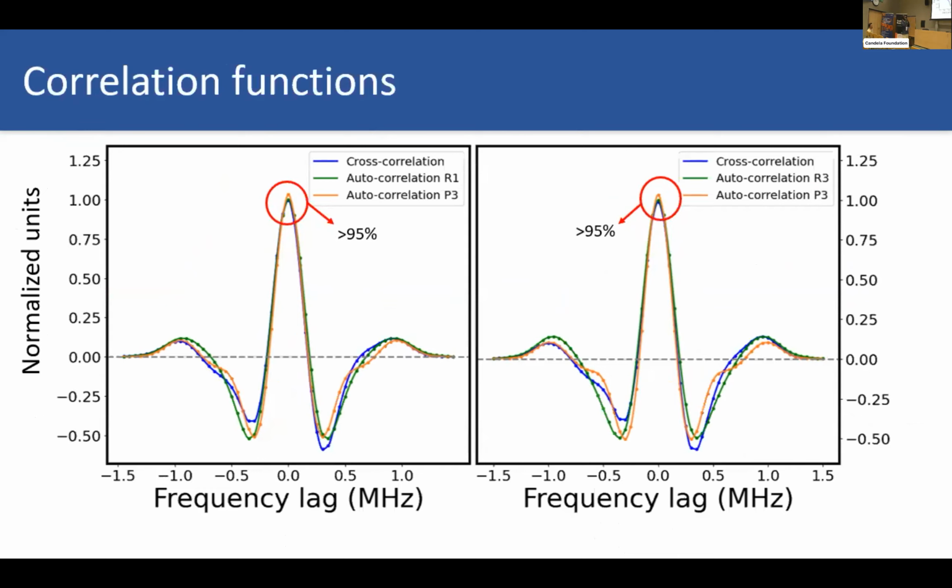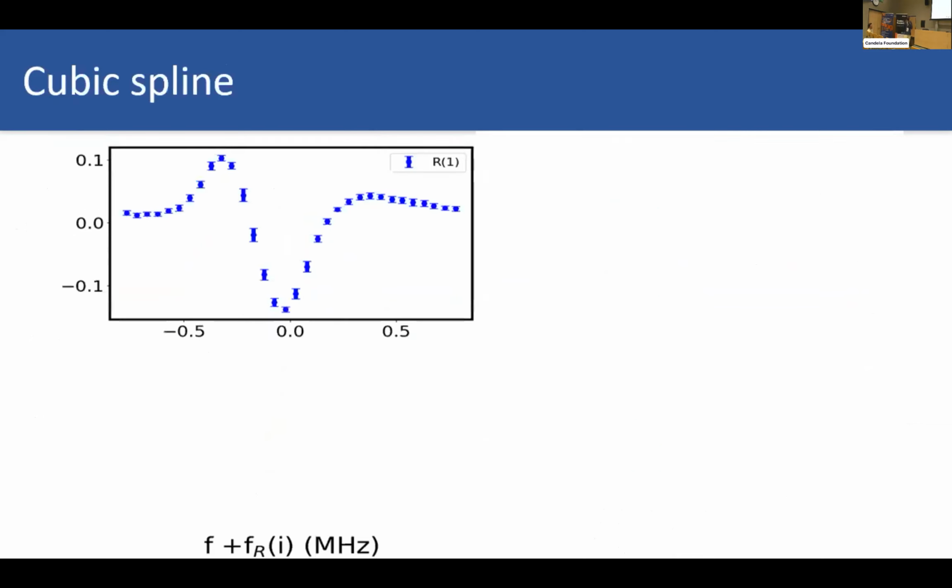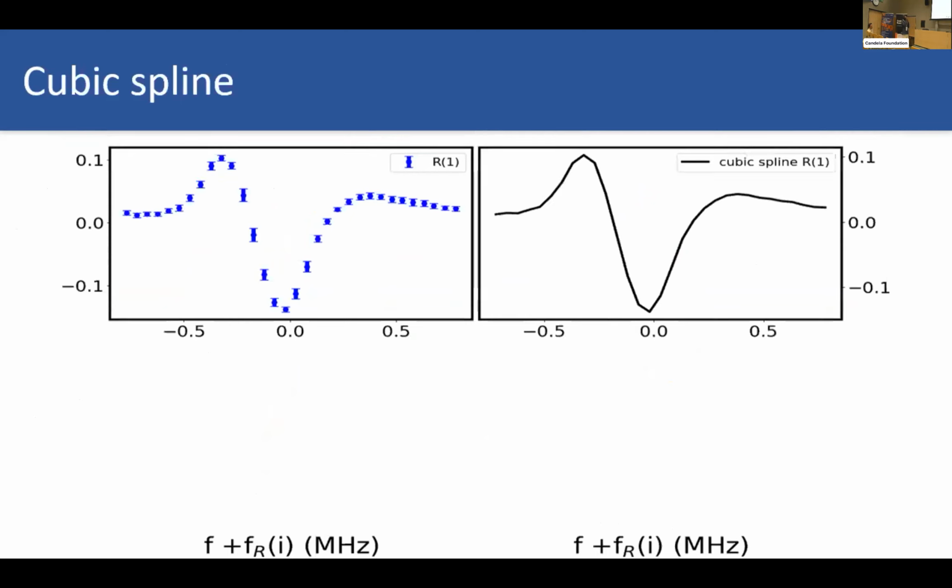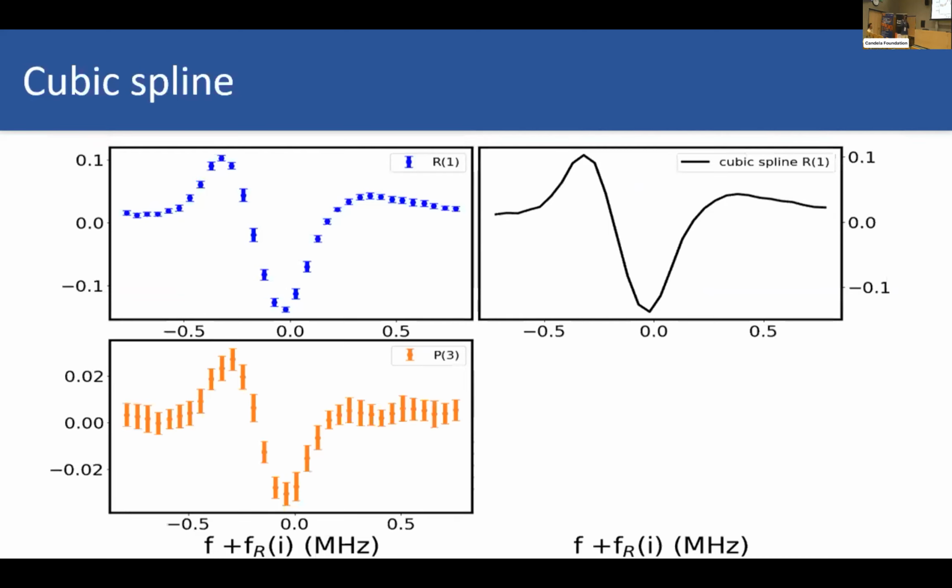But unfortunately, from this cross correlation or autocorrelation, it's very hard to extract any uncertainty from this kind of analysis. So we had this idea of using a trick with a cubic spline function, where we start with a normal R1 function. We extract out with a cubic spline interpolation, and for example, on the bottom left side, you see the P3.